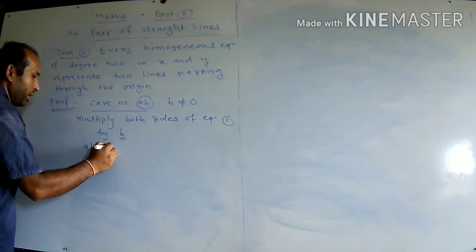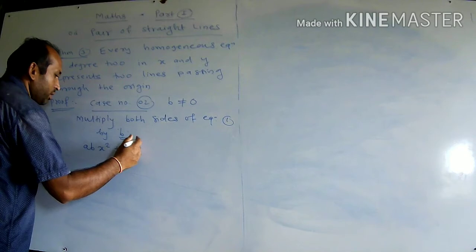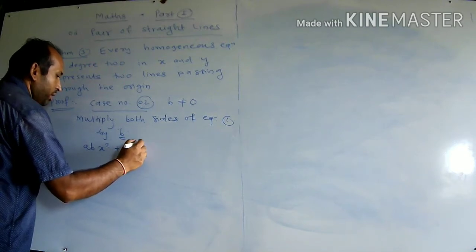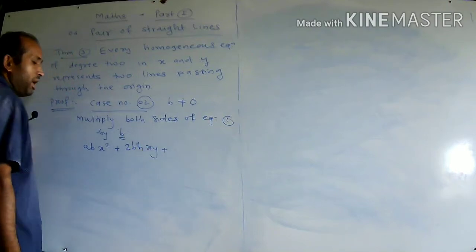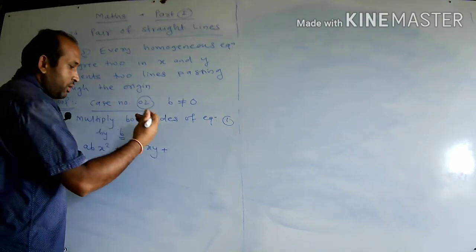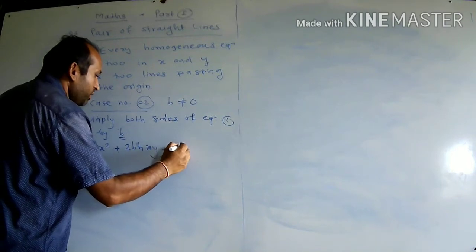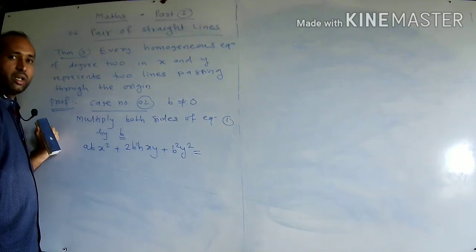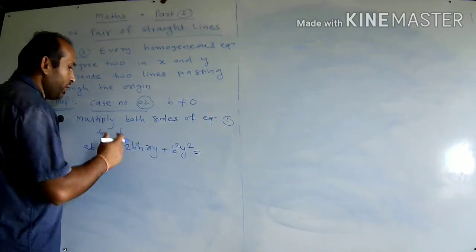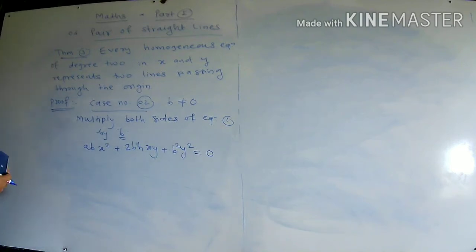So we have ab into x square, then twice bh into xy plus b into b, that is b square, b square y square is equal to, here the right side was 0, so 0 into b, that is 0.